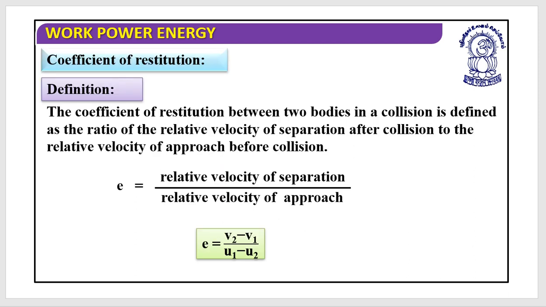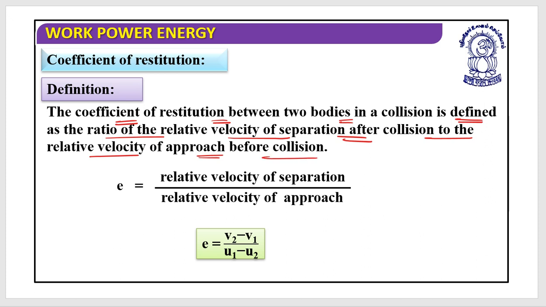What is it? The coefficient of restitution between two bodies in a collision is defined as the ratio of the relative velocity of separation after the collision to the relative velocity of approach before collision.